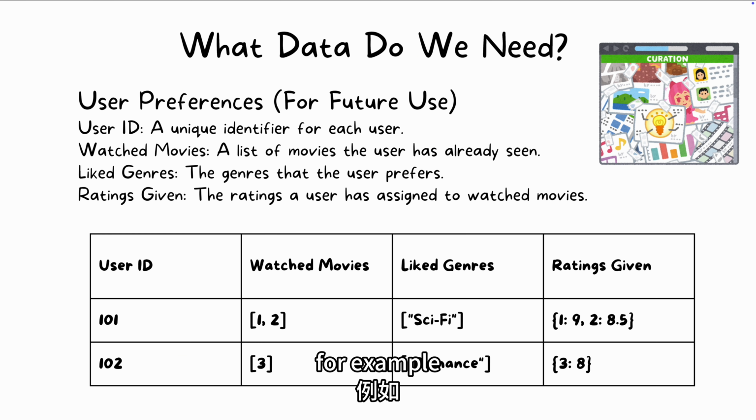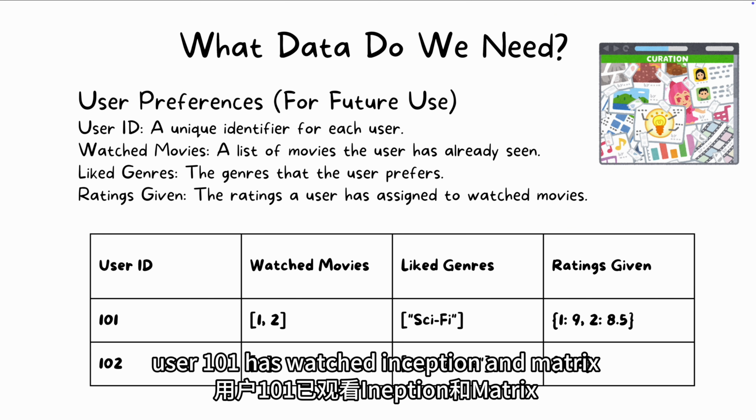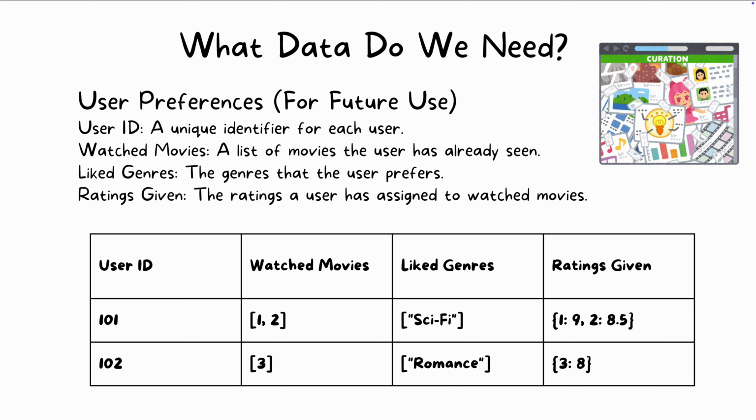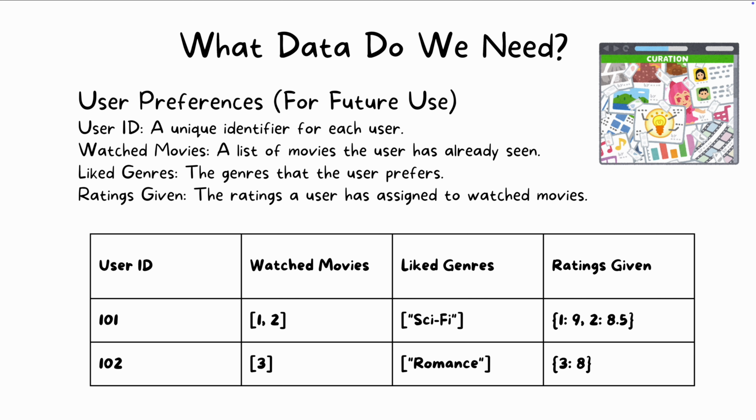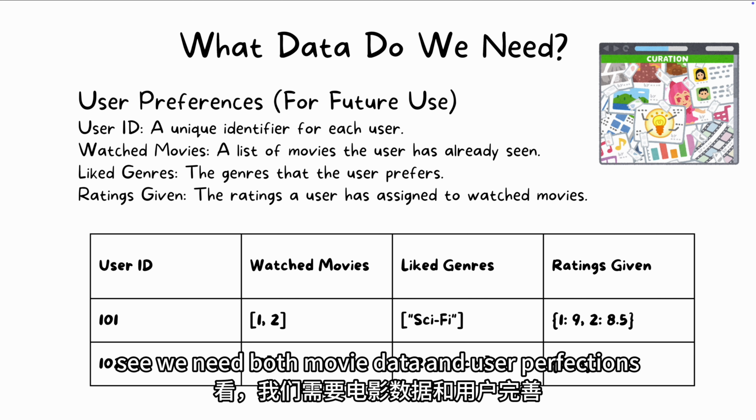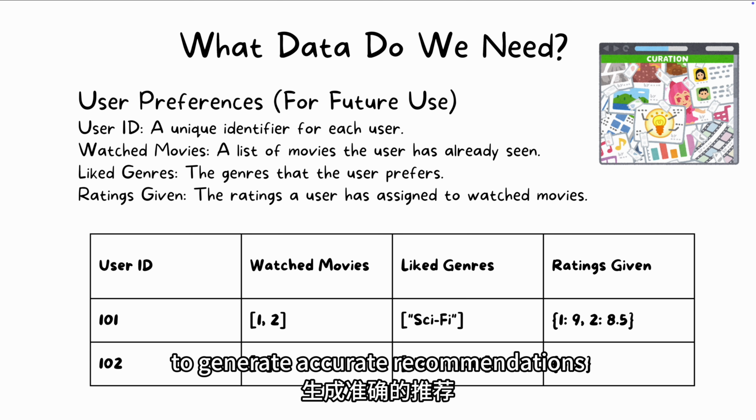For example, user 101 has watched Inception and The Matrix and rated them 9 and 8.5. As you can see, we need both movie data and user preferences to generate accurate recommendations.